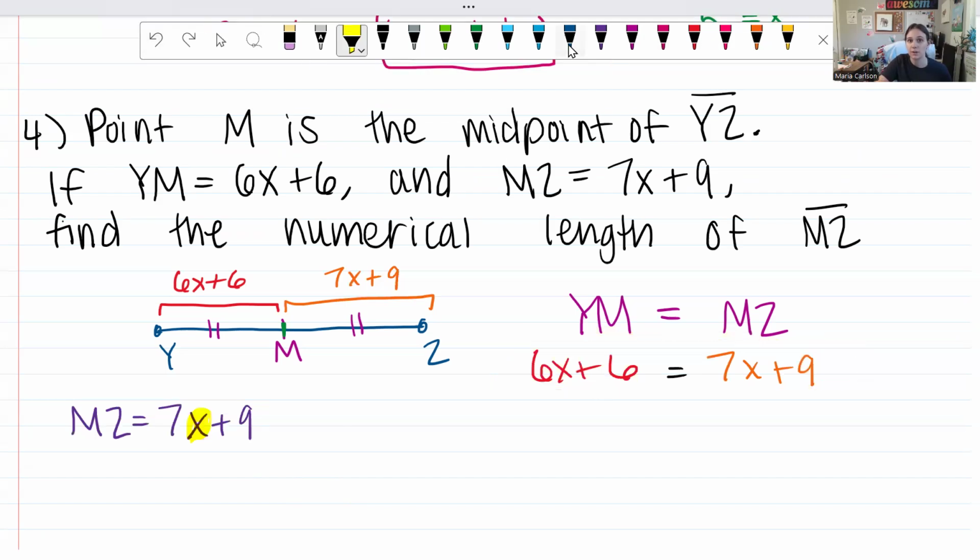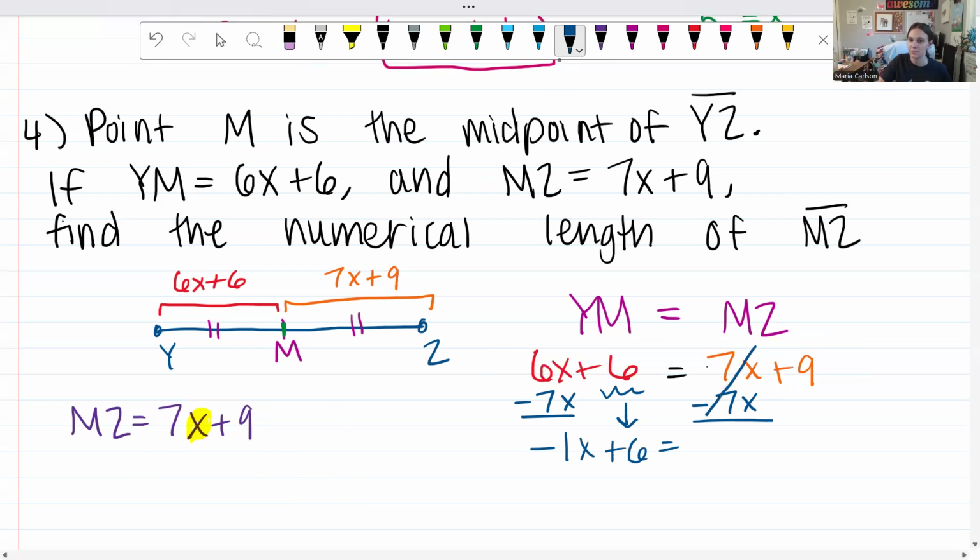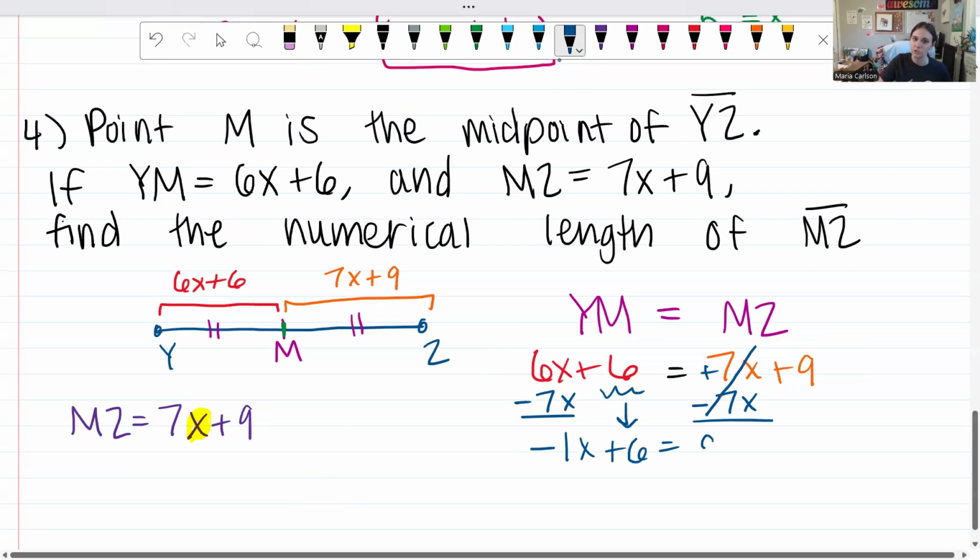Solving this for x, I want to get x on one side. I'm going to subtract 7x from both sides. So 6x minus 7x is negative 1x, and then I have this plus 6. So negative 1x plus 6 is equal to, the negative 7x and positive 7x cancel, so we're left with just 9.